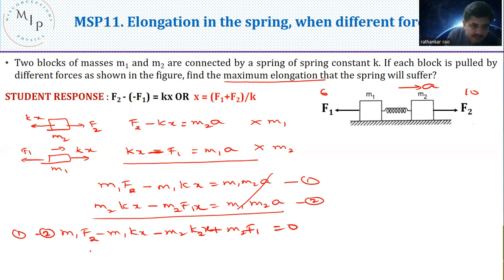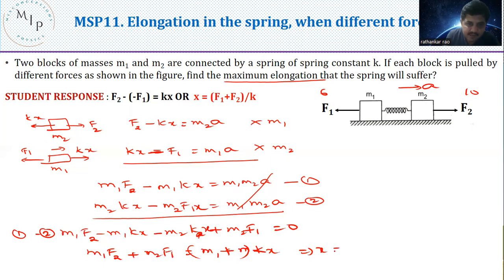Okay. So now I'll write this as M1 F2 plus M2 F1 is equal to M1 plus M2 into K into X. Is there a K2 here? No, there's no K2 here. In other words, I need the value of X. So I eliminated the value of A here.